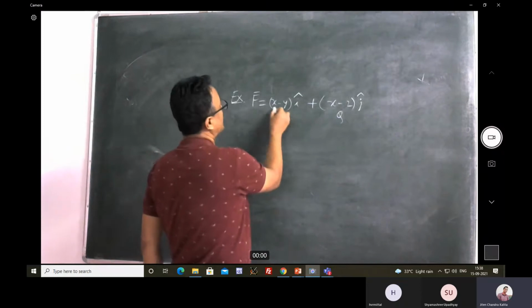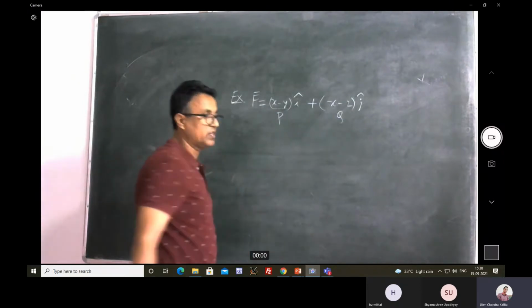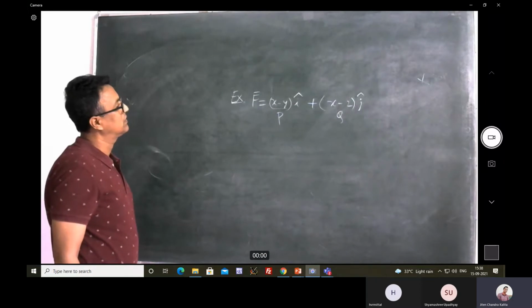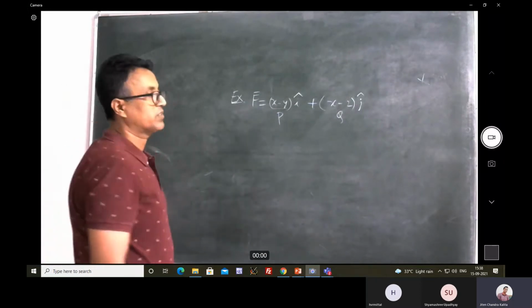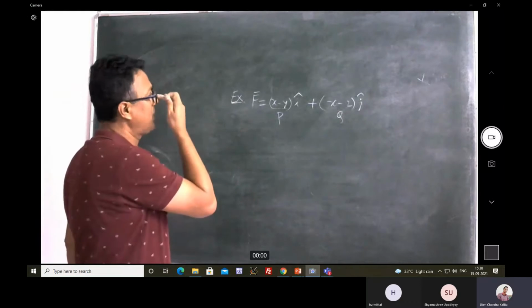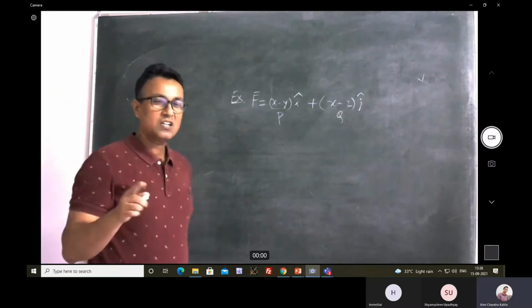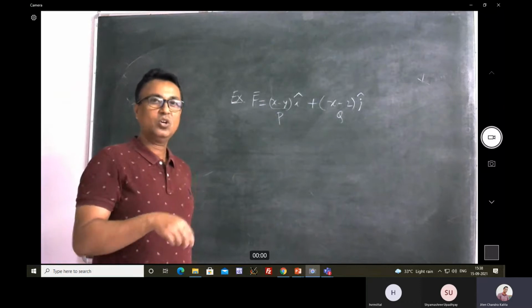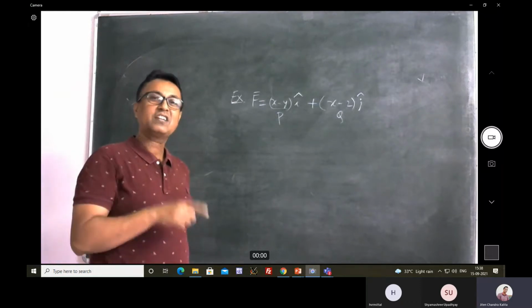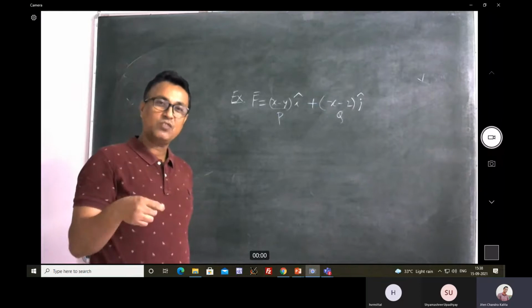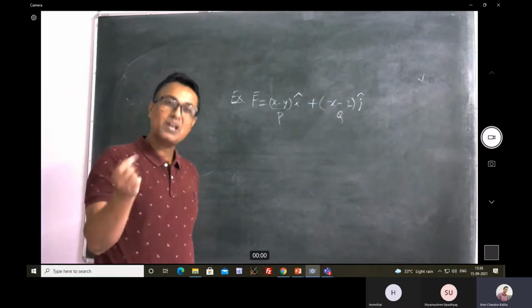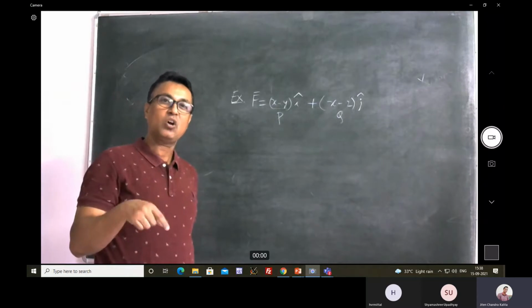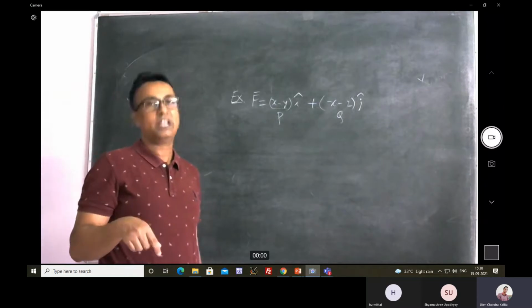The first component is P, the second component is Q. Remember, whenever we talk about this theorem on conservative vector fields, it relates to vector-valued functions considered in two-dimensional space, because here we are only considering the condition del p del y equal to del q del x.